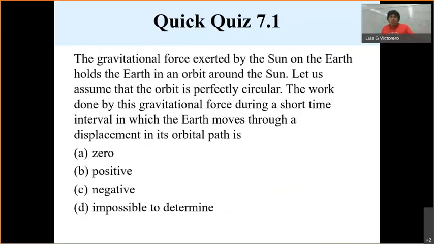So if you assume the orbit to be perfectly circular, so it's a centripetal force, the work done by the gravitational force during a short interval in time, as the Earth moves through the displacement in the orbit, what can you say about the work done by the gravitational force?